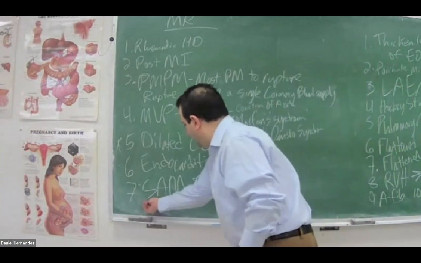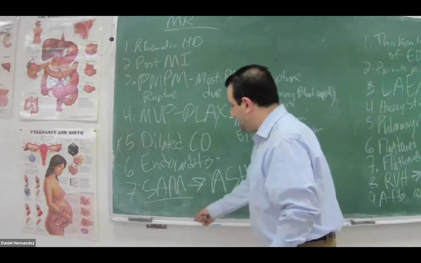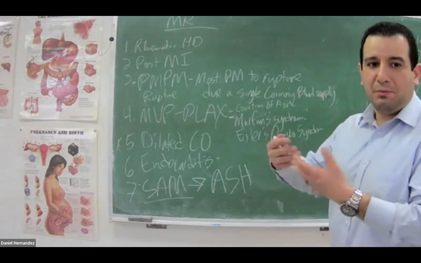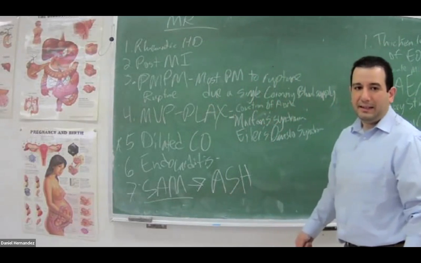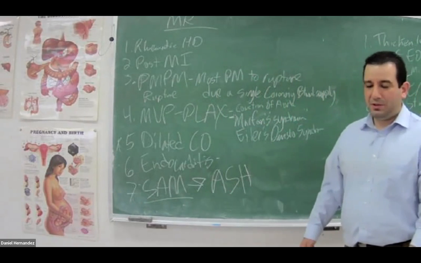So mitral regurg can be caused from systolic anterior motion of the mitral valve leaflet, as a result of a patient who has a dynamic LVOT obstruction or asymmetric septal hypertrophy.